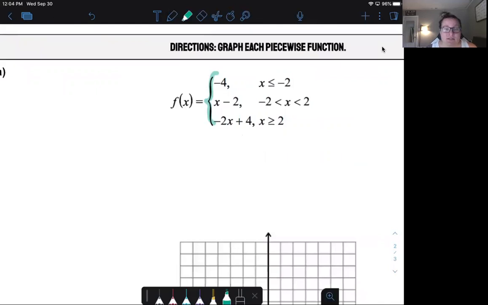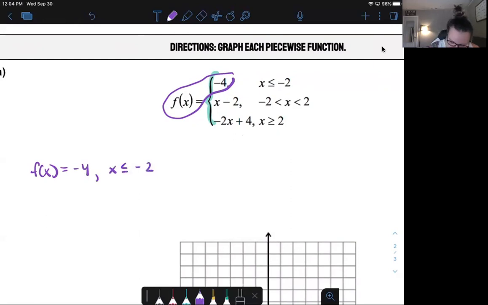The good news is we're going to follow the same set of steps that we used in Monday and Tuesday's notes. So this time though, instead of only having to find endpoints for 2 rules, we have to do it for 3. So in this function, the first rule we have is f of x is equal to -4 when x is less than or equal to -2.